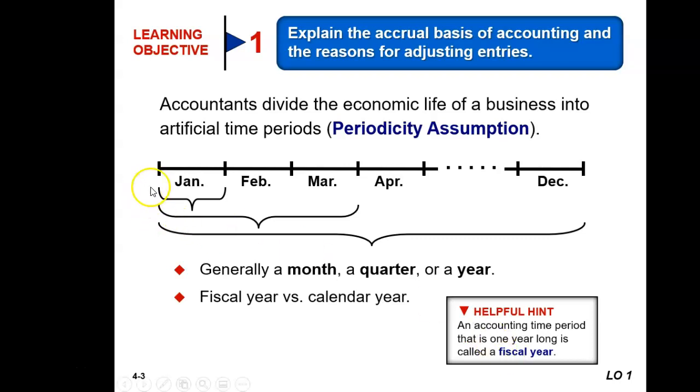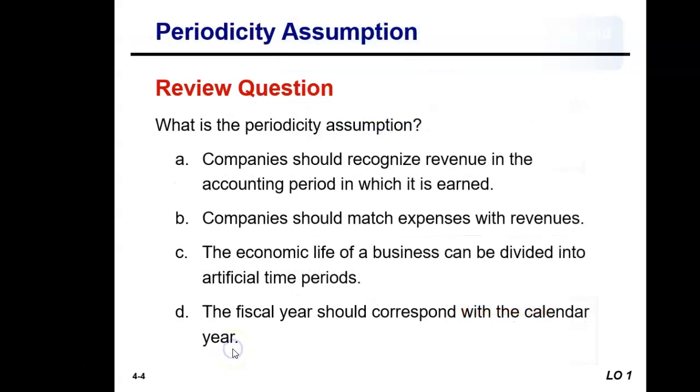So it could be January through December. It could be from July 1st of this year until June 30th of the next year. But any 12 consecutive months chosen as your accounting period is known as your fiscal year. Okay?